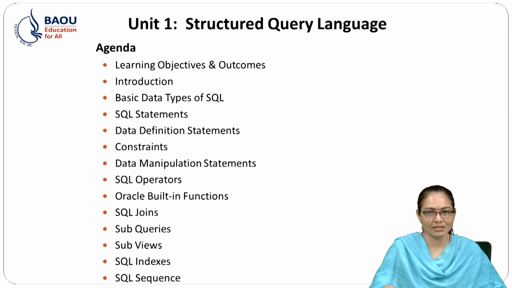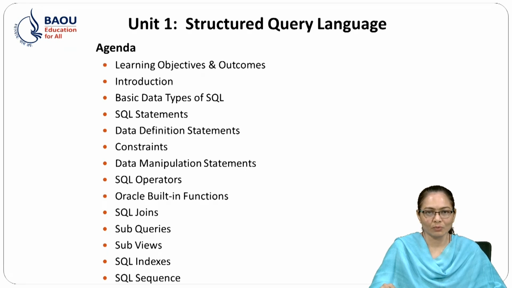All these topics are included in SQL. After learning all these topics in Unit 1 of Block 3, students will be able to gain knowledge about the structured query language. In the last session, we already completed up to DML statements.